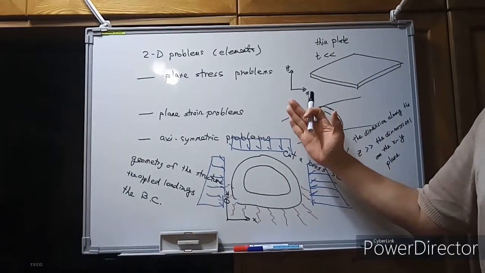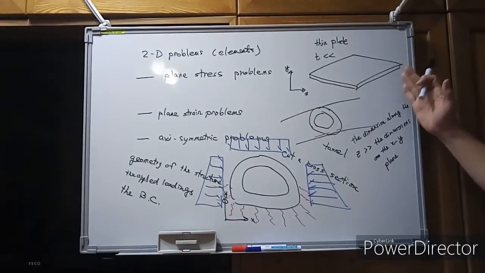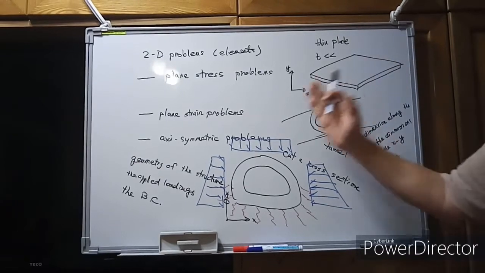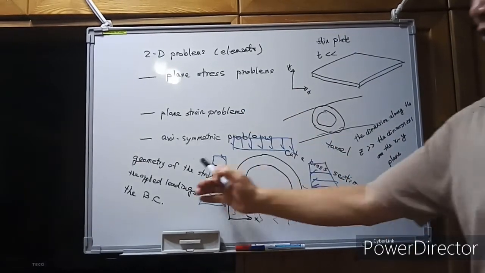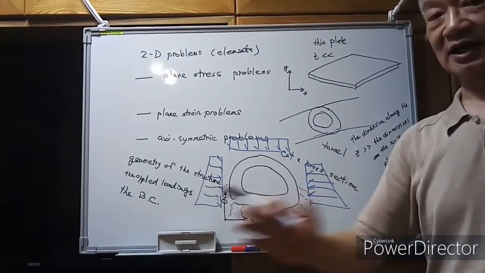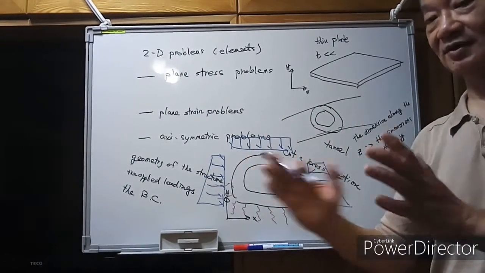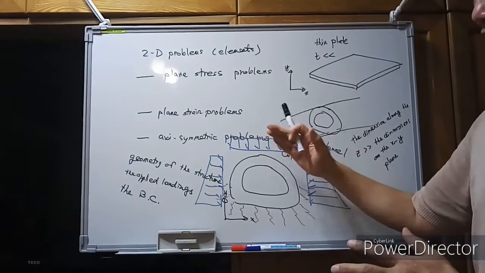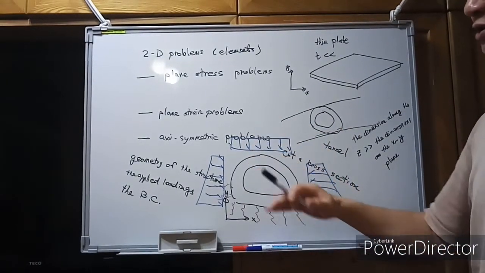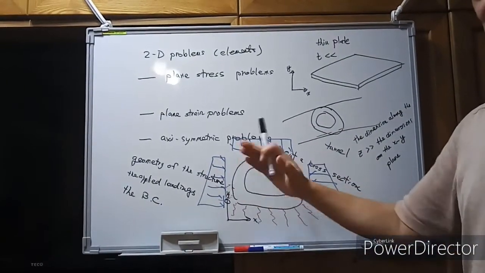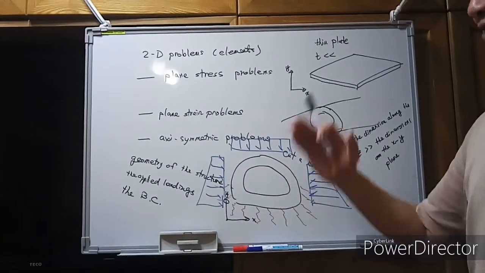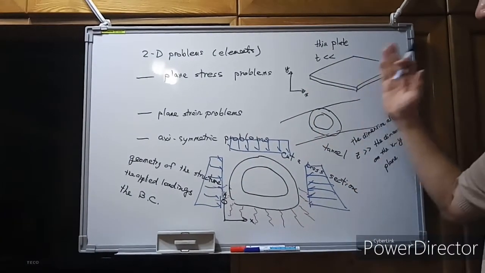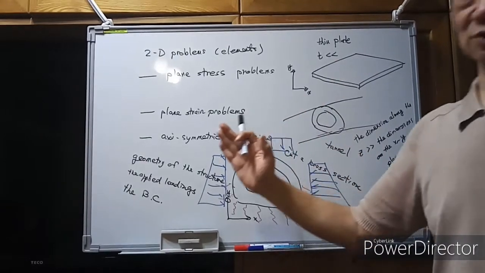If we cut the cross section, no matter where we cut, all these three are exactly the same. So the geometry, the applied loadings of the structure, and the boundary conditions are exactly the same no matter where we cut the cross section.